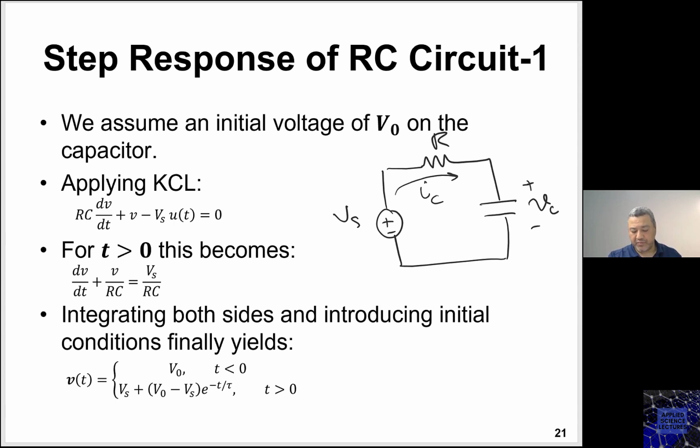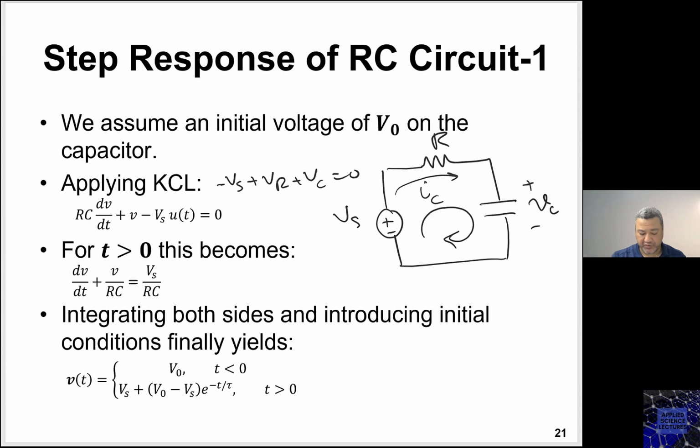If you apply KVL here, you are going to get minus Vs plus VR plus VC equals 0. And then this VR is R IC, and this IC is C dV over dt.